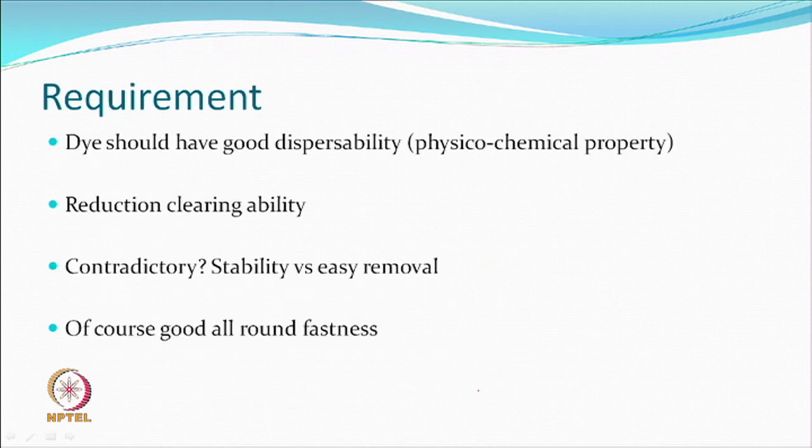From the ink point of view, in the dispersed dye inks, you are looking at good dispersibility. Dispersibility is physico-chemical. The chemistry is responsible, which would mean the HLB value matching up with the surface active agent. Physical means how much you have reduced the size of the particles.